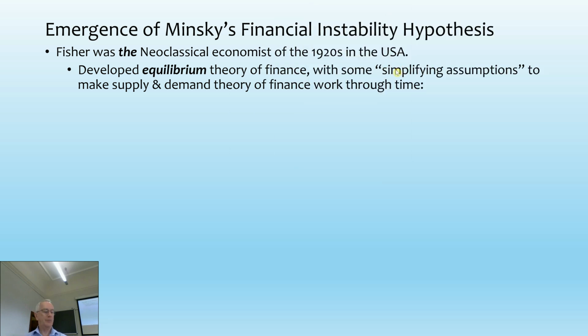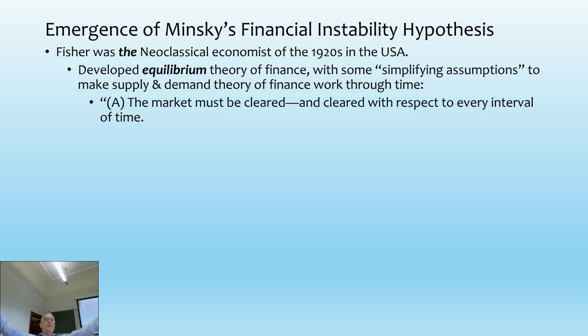Okay. So I'll finish up with a bit on Fisher here. What Fisher did was develop a supply and demand model of finance, and he was the precursor to the efficient markets hypothesis. So before Fama and French and Sharpe and friends, if people talked about the role of finance, they had the supply and demand analysis coming from Fisher. And he had made two assumptions that were essential. To make this work in ordinary commodity markets is easy, in a sense.